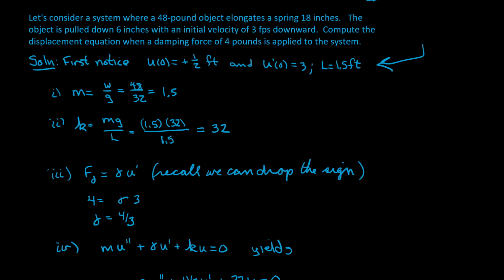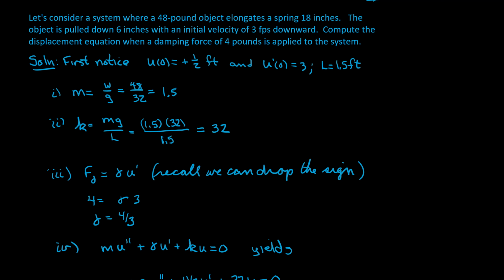First, our elongation, right there, 18 inches is 1.5 feet. You take 18 divided by 12 and presto changeo, you've got that. Initial velocity is 3 feet downward. Pay attention to downward. That means the velocity is positive. That gives us a positive 3.